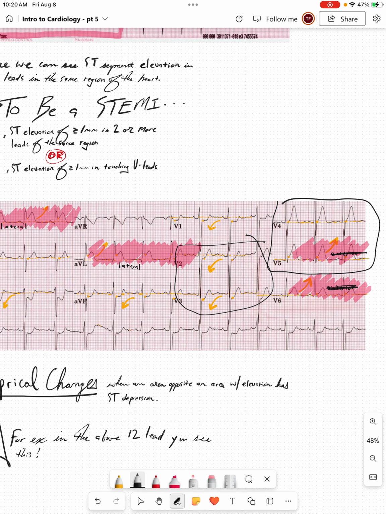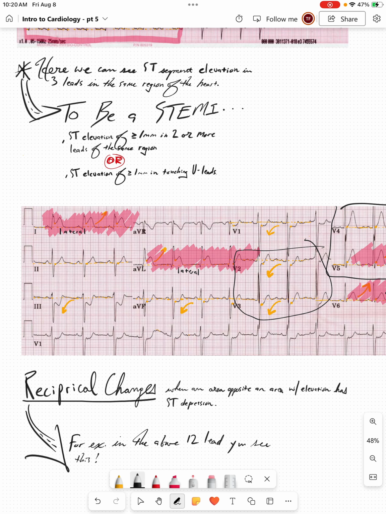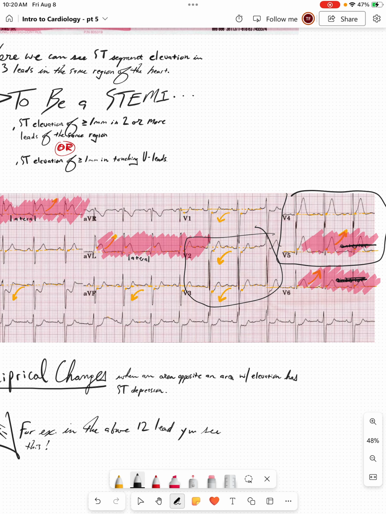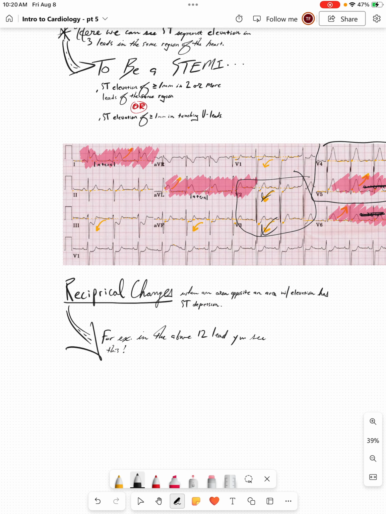Yes, gosh. Anterior and lateral. So, what is the opposite of those areas? Well, we would say septal. Lateral and septal are going to be opposing one another, and I have ST depression specifically in those leads.